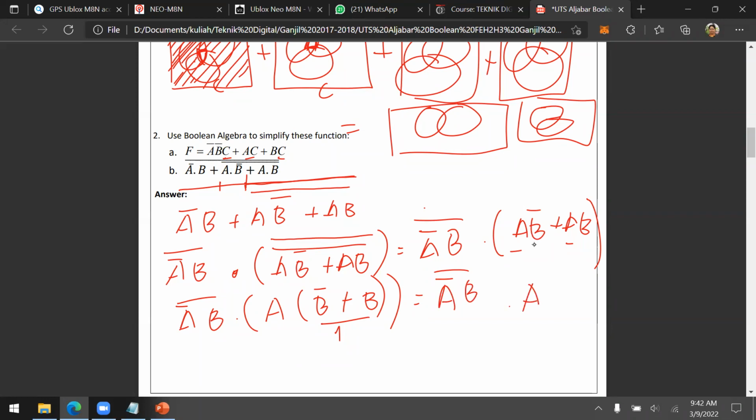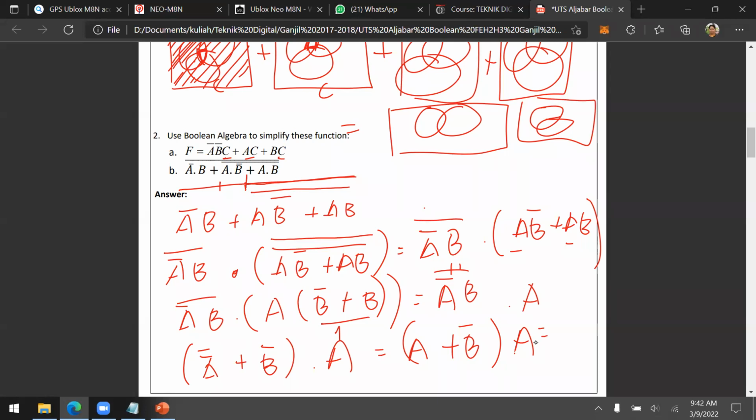Now we can use De Morgan's law to break this not. So it will become A naught naught plus B naught, like this, times A. And it will become A plus B naught times A. And we can use the distributive law.